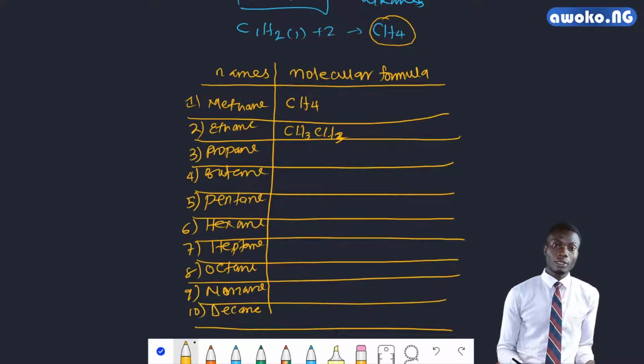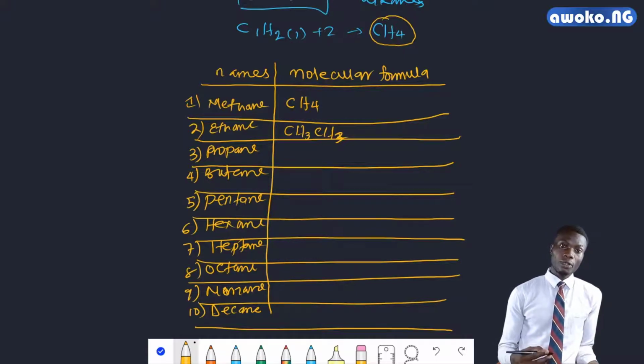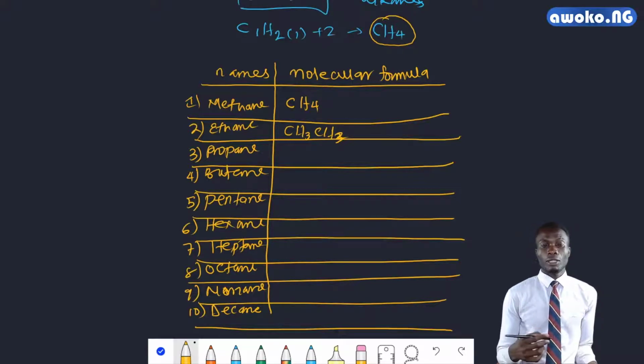So in attempting to draw this structure in a way that carbon will assume 4 bonds, we make it so that there are 3 hydrogens around the carbon here. Of course, the 4th bond goes to the adjacent carbon. So you see that this carbon has 4 bonds, and this carbon has 4 bonds. Further on, as we go into naming in organic chemistry, I will explain this better for us.